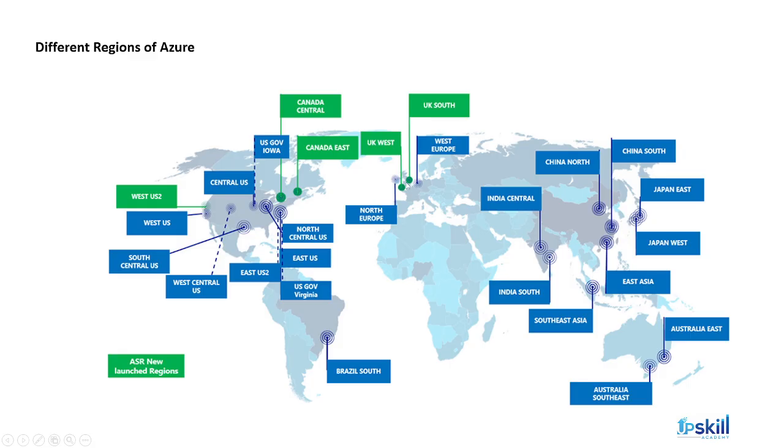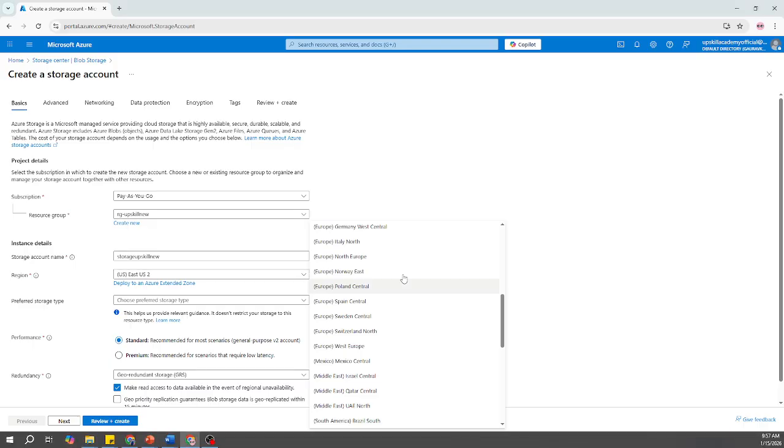That means they have multiple data centers across multiple regions, whether it is Asia region, US region, Europe region, and all. And these are all the details about where the data centers are located across the globe, and that is called region. So let me select any region here. I'll select the East US2 region.